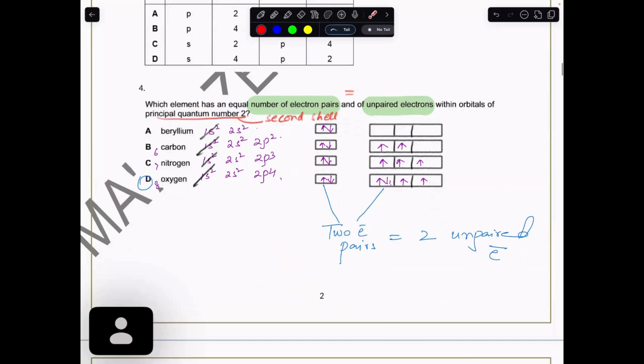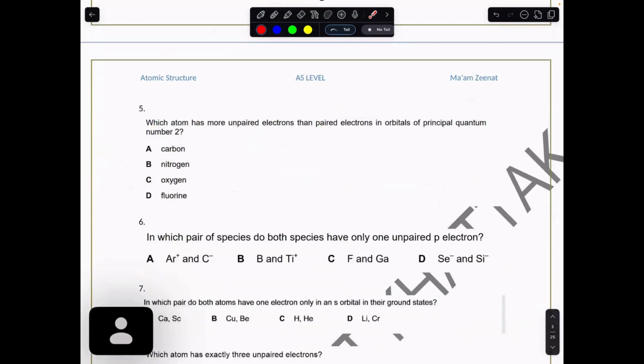Exactly the same type of question again, but now it's a bit different. Which atom has more unpaired electrons than paired electrons in principal quantum number 2, the second shell?